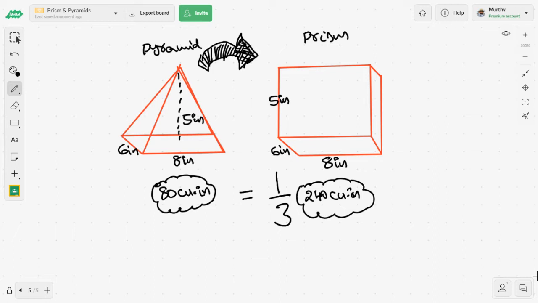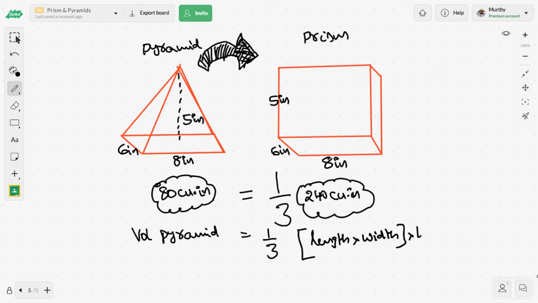Therefore, we say that the volume of a pyramid equals one third the volume of this prism. Just now we discussed that this prism is in the shape of a cuboid, so it is length times width times height.